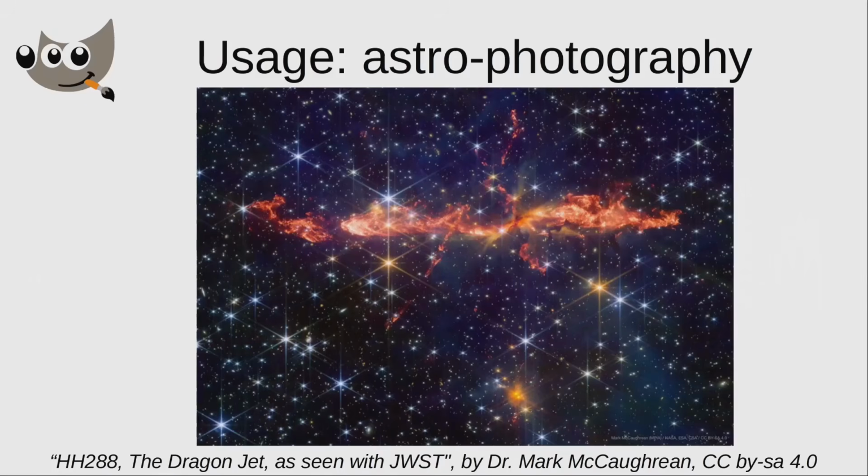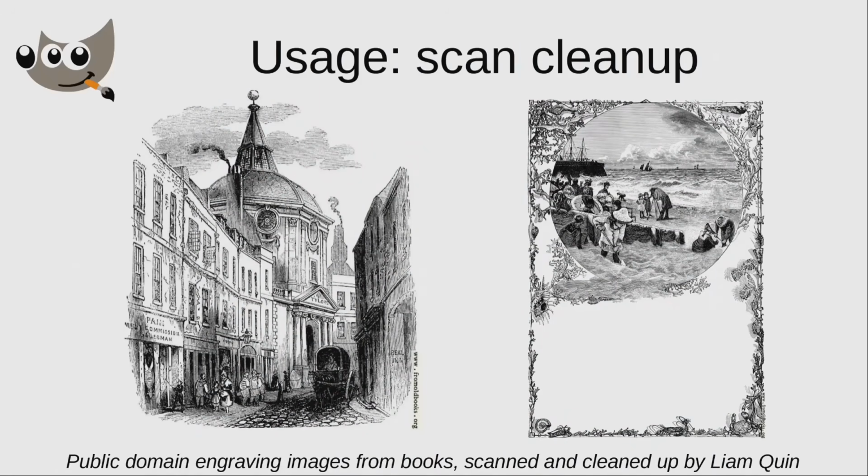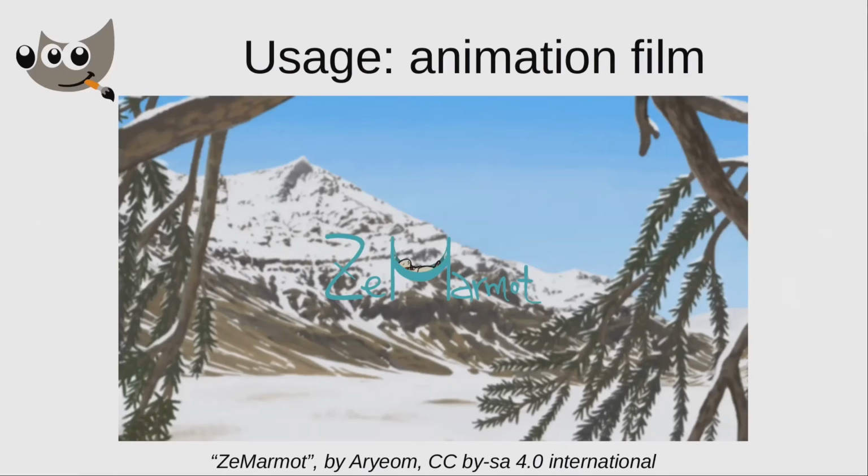So GIMP is used in a bunch of nice places. Liam, who is around here, does a lot of scanning and cleanup of very old images. That's the kind of stuff we do.